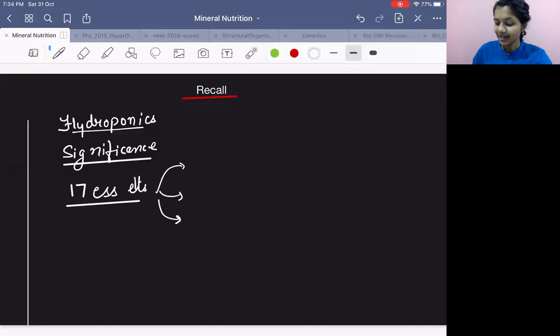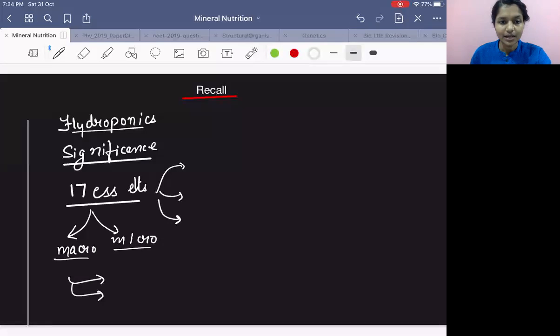After that, we divided these essential elements into macro and micro depending on the quantity, how much quantity is required by the plant for growth and development. Then what else did we discuss? We discussed how plants absorb the minerals. Most of it is an active process, but the absorption happens in 2 phases.